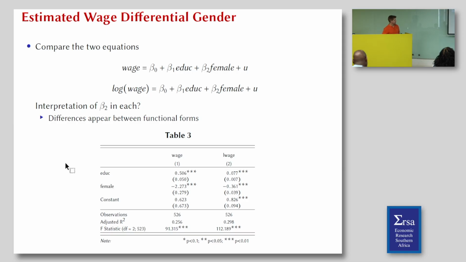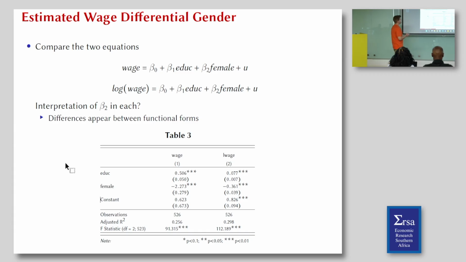Okay, but here what's happening is, again, it's about interpretation. If we compare these two models, it's basically two different outcomes, because one is in terms of wage and one is in terms of log wage. Again, like I said before, it's going to affect the interpretation of beta 2.